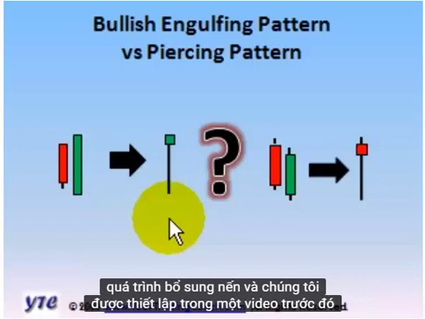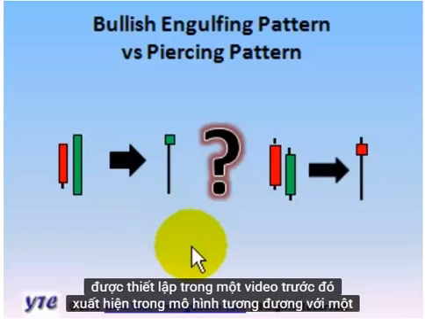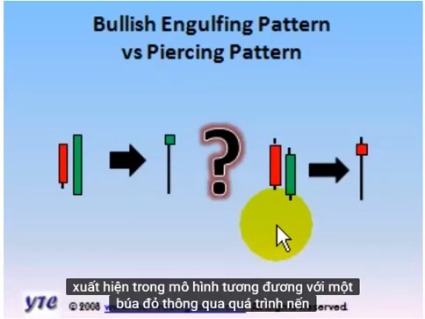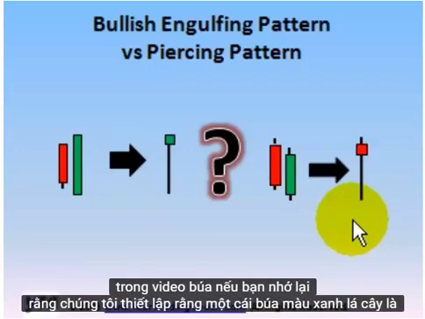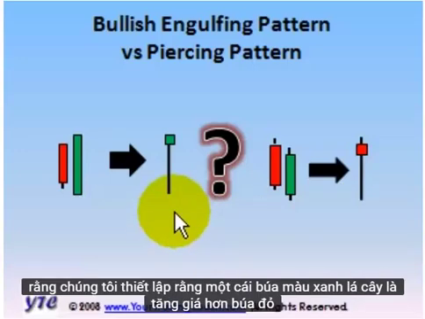And we established in a previous video that a piercing pattern was equivalent to a red hammer through the process of candle addition. Well, in the hammer video, if you recall that, we established that a green hammer is more bullish than a red hammer.